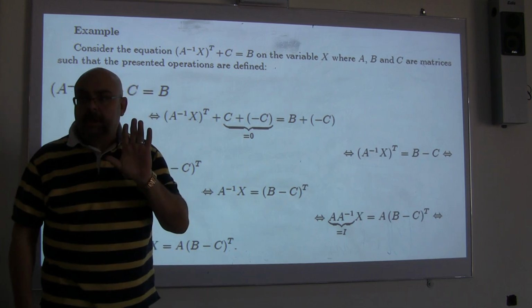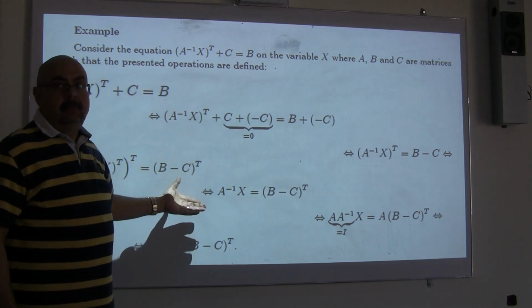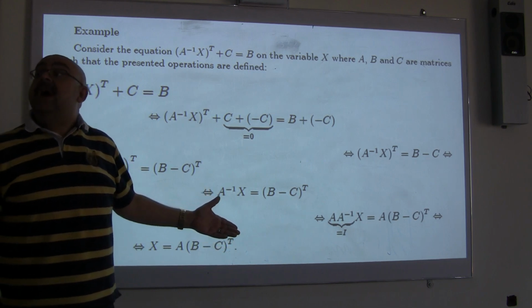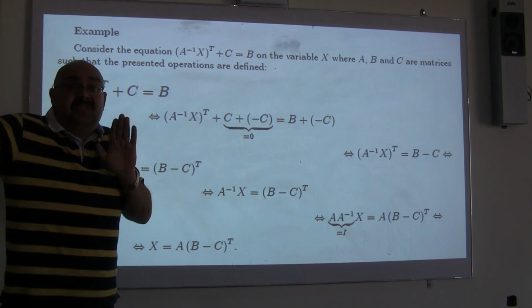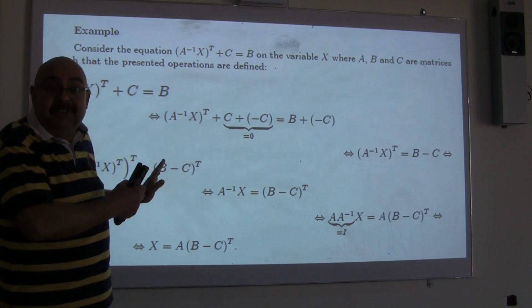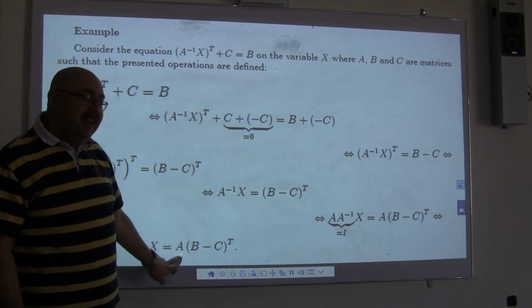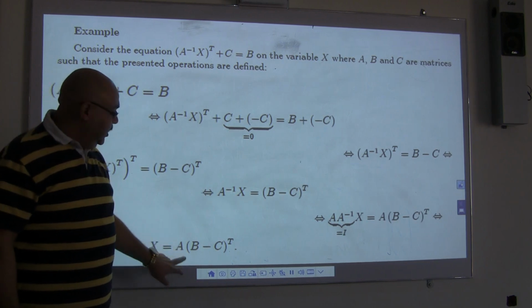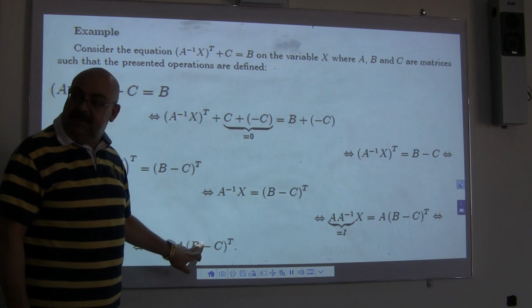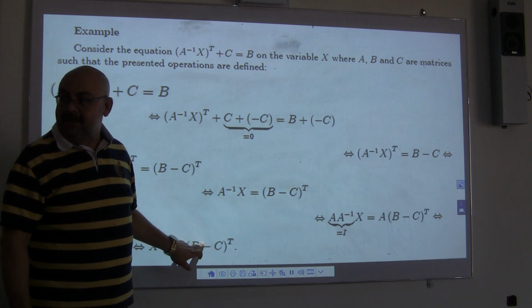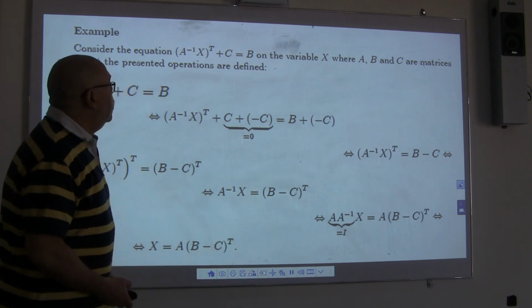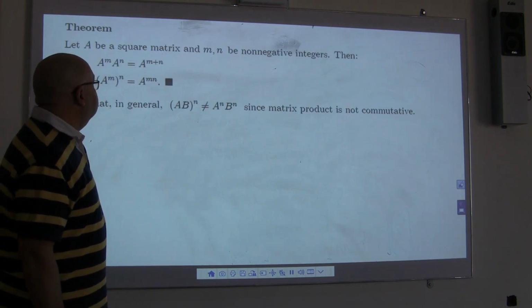The luxury in writing this problem in this way, okay, is that I didn't have to deal with matrices in their explicit form in these steps. Once I got the last formula, I'm going to replace A by its value, getting B minus C first, then I will do the transpose. Then the other step, I will multiply them with each other. Okay, done. أتمنى أكون نجحت إن أنا أوصلك الفكرة.